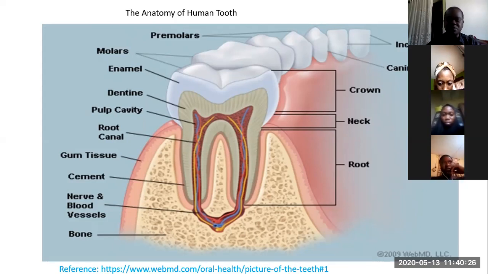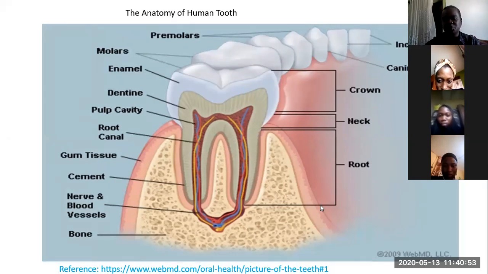Then we have the pulp cavity, where the capillaries, the nerves, the blood vessels, the nutrient that sustain the tooth flow through. The gum tissue, which you can see, is usually pink in color, though some people have dark-colored gum. We have the cementum, the nerve and blood vessel, and the bone sustaining the tooth in the mouth. So that is the anatomy of the human tooth for you.